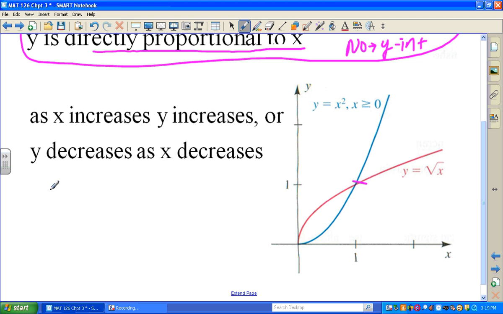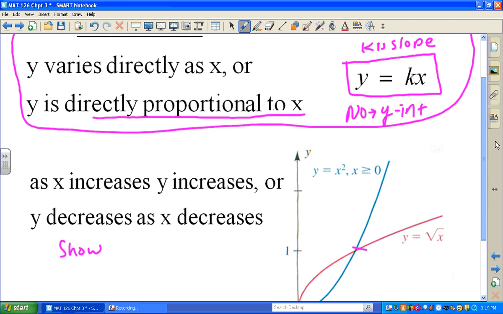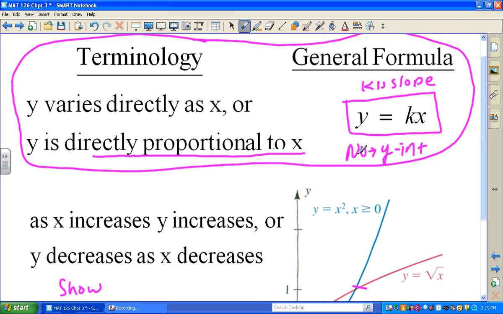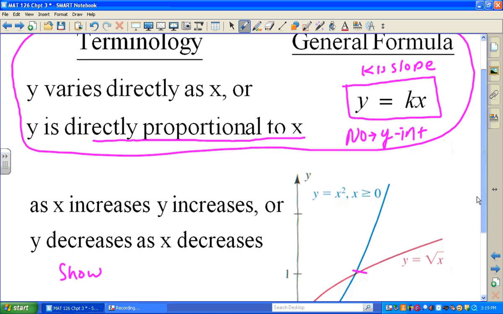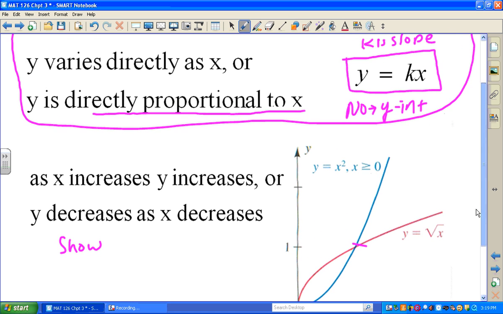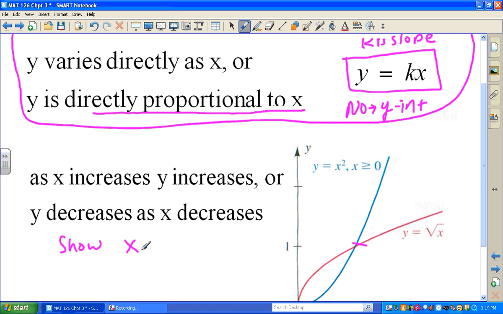We had a show that one time where we had, well, let me go back up in case you want to write that down. I forget, I'm going pretty fast. We had a show that one time for an increasing function. It was increasing if the first x was smaller than the second x.